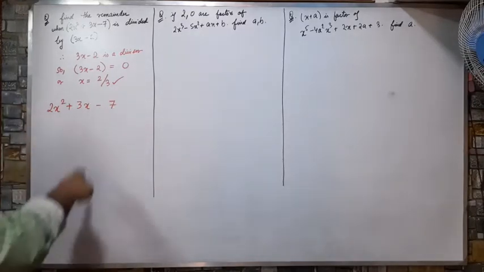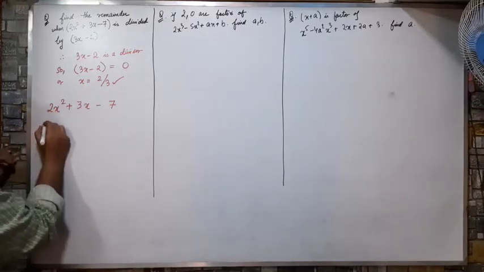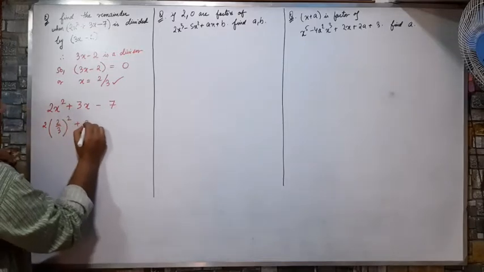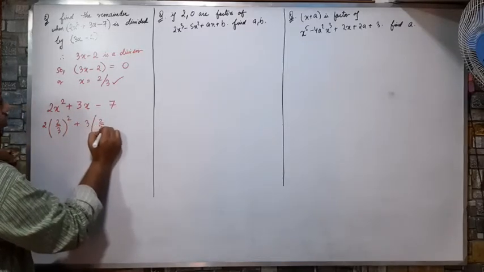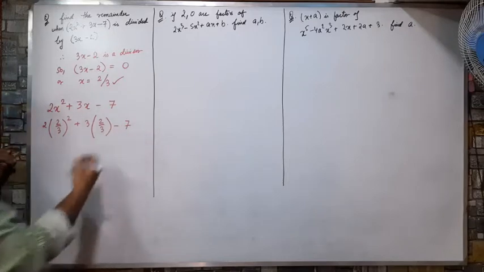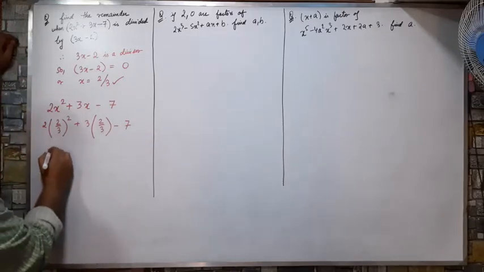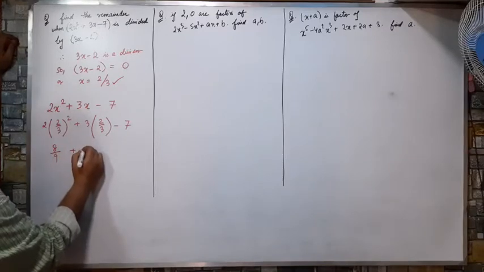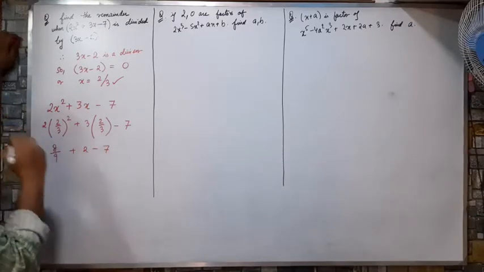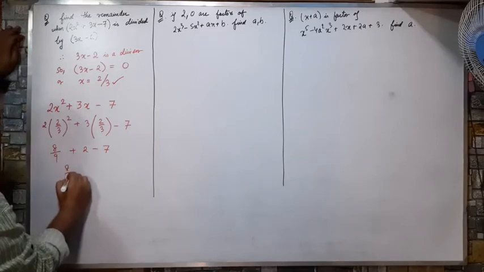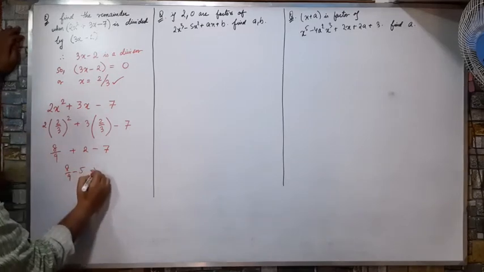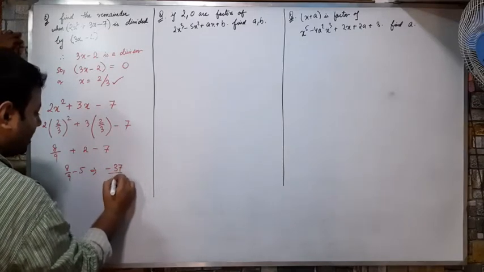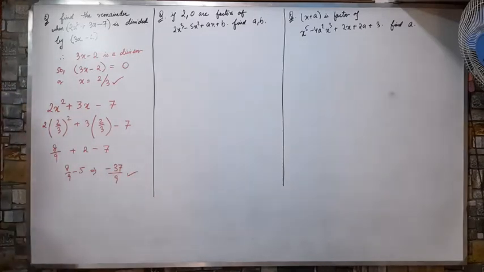So it will be 2 bracket 2 by 3 whole square plus 3 bracket 2 by 3 minus 7. So here I will get 8 by 9 plus 2 minus 7. So I will be getting 8 by 9 minus 5, that will be equal to 8 minus 45 by 9. So this is my remainder.